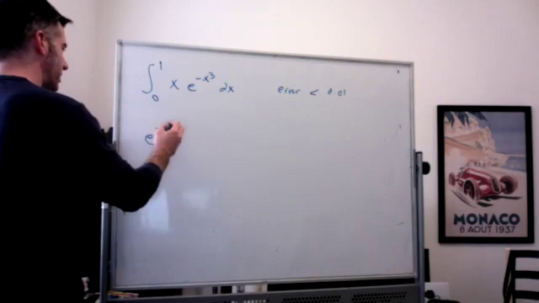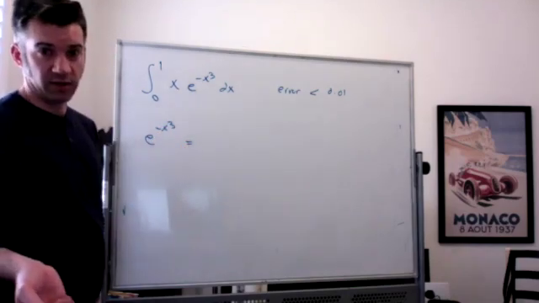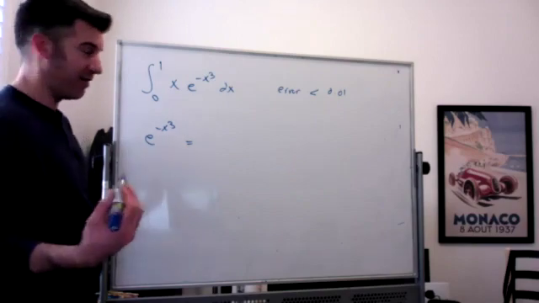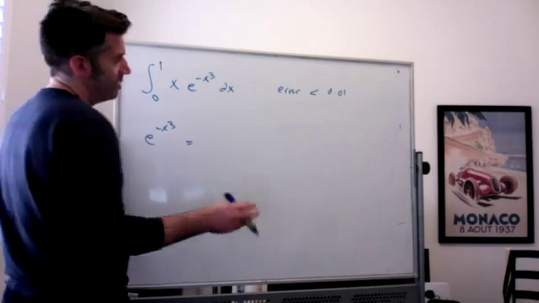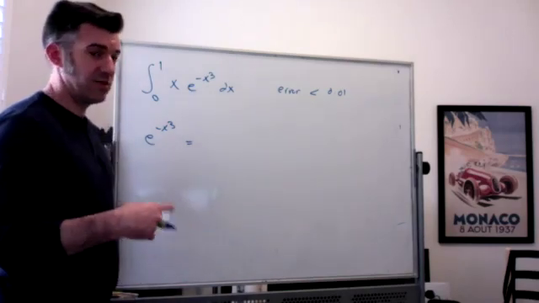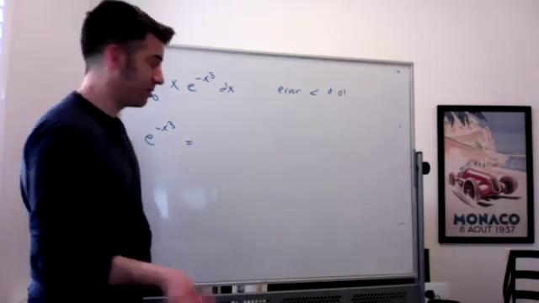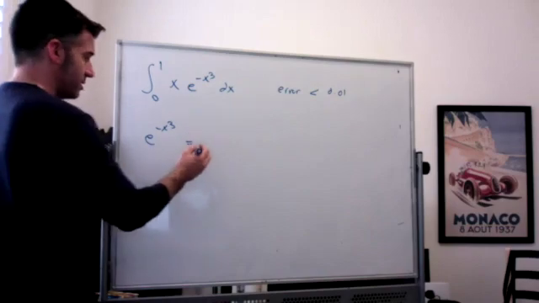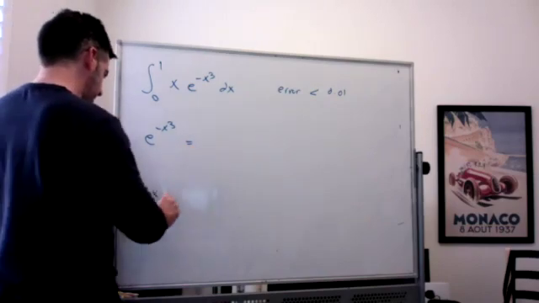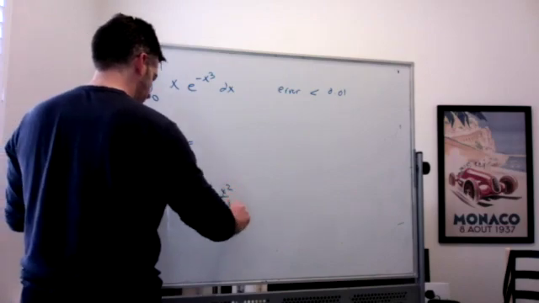e to the negative x cubed is going to be the power series for e to the x with a negative x cubed in place. You might already be seeing that this one's going to be alternating as well, which isn't as exciting as it could be. We know e to the x is 1 plus x plus x squared over 2 factorial.